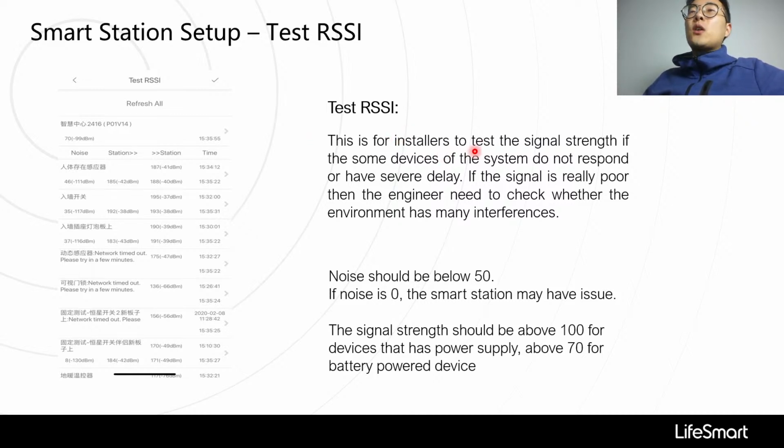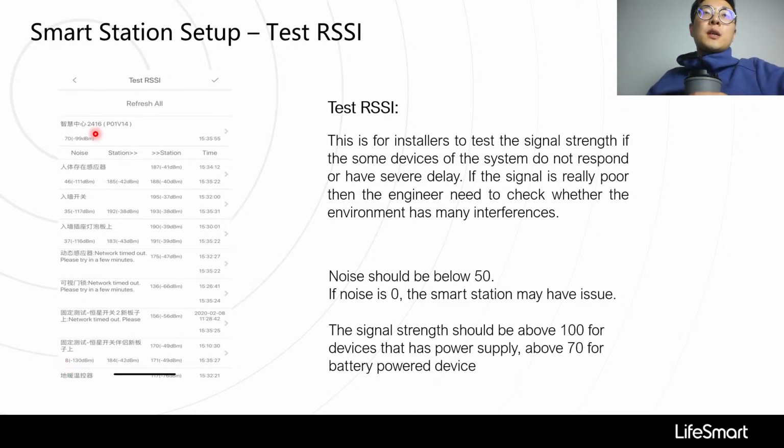This is for installers to test the signal strength. If some devices of the system do not respond or have a severe delay, if the signal is really poor, then engineers need to check whether the environment has a lot of interference. We can see there are four columns here. The first is noise. The noise means the wireless interference around the devices.